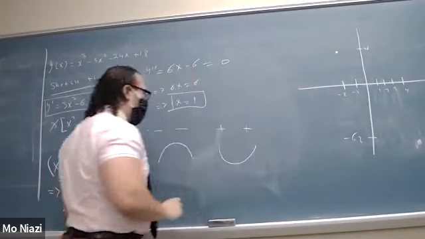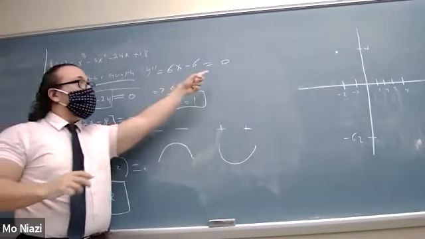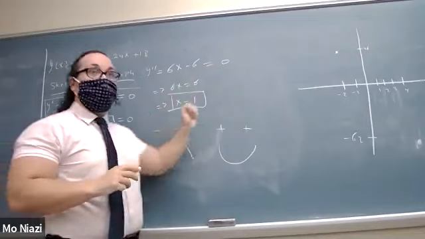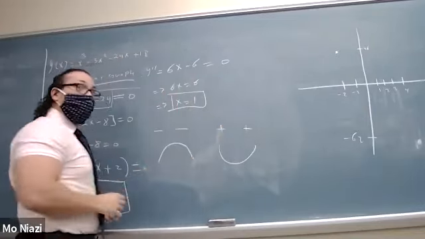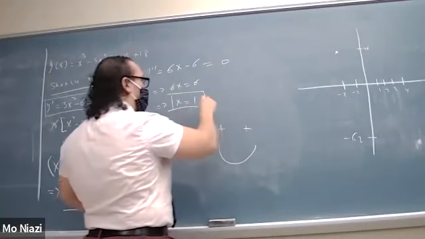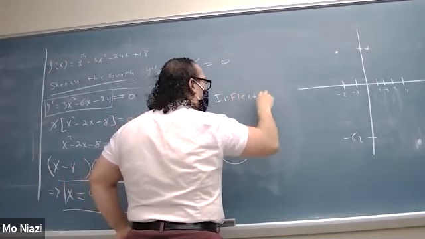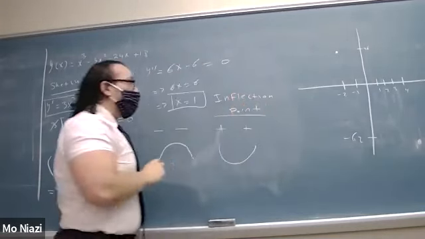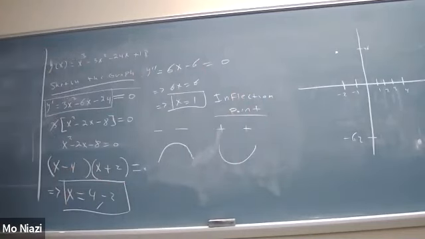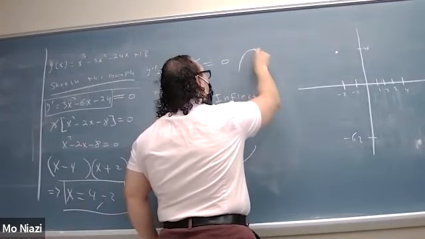Okay, so if 0 is in between being negative and positive, the concavity switches, right? So this is a point called the inflection point. The inflection point is the region in the graph where the concavity changes. So let me put like a frowny face.